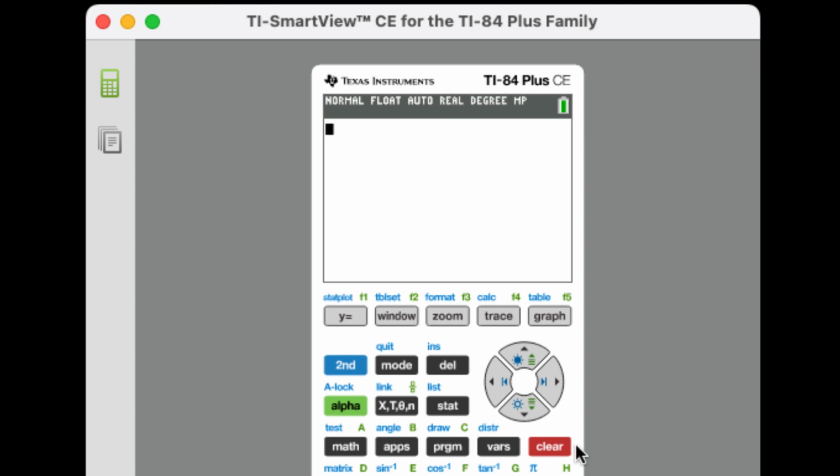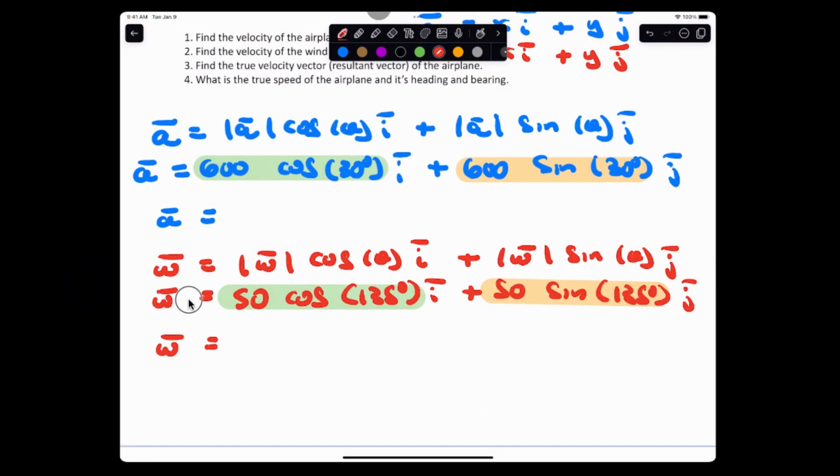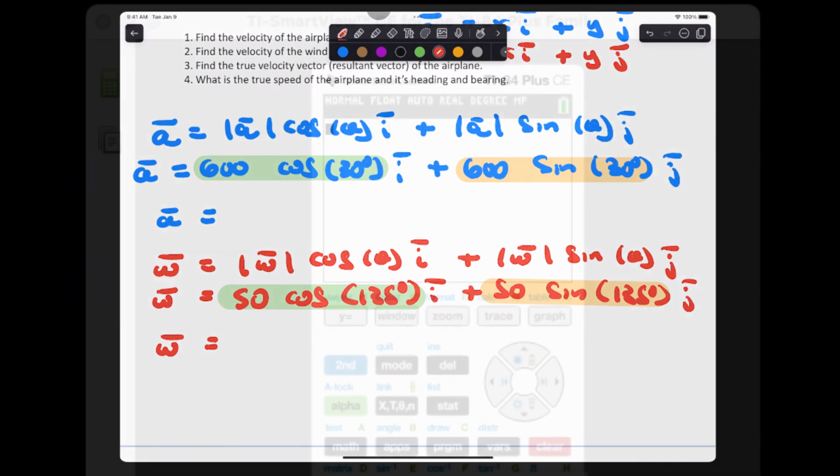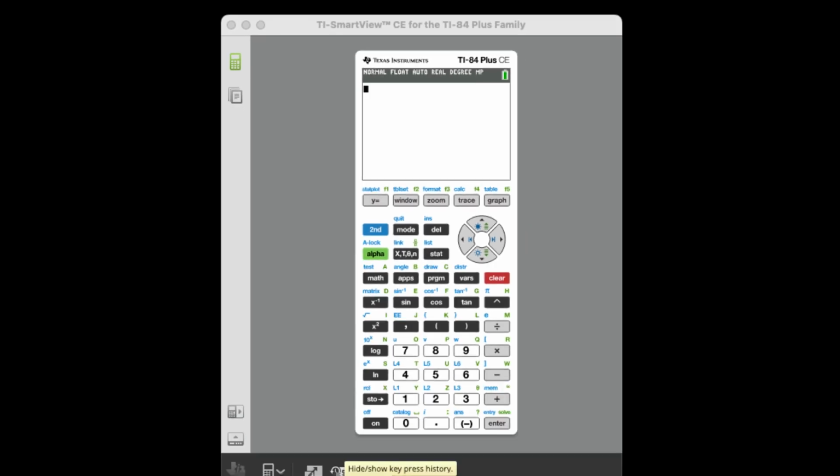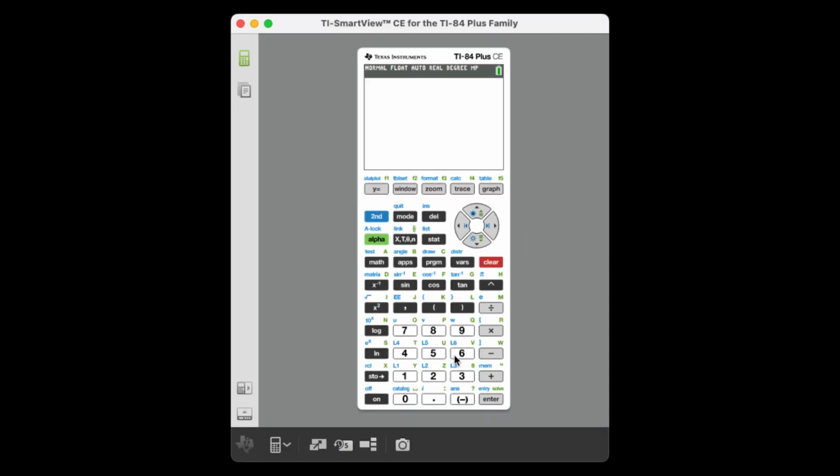Okay, so we're going to start off with what? The 600, with the 600 cosine 30, 600 sine 30. Let's double check the mode first. Yes, we're in degrees. 600 cosine what? 30 degrees.